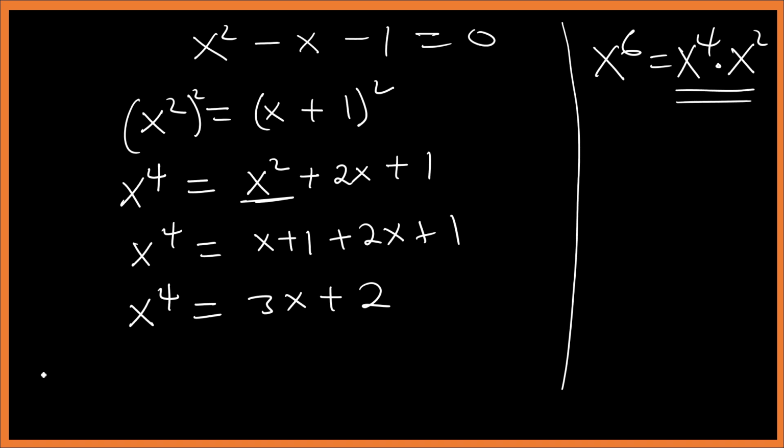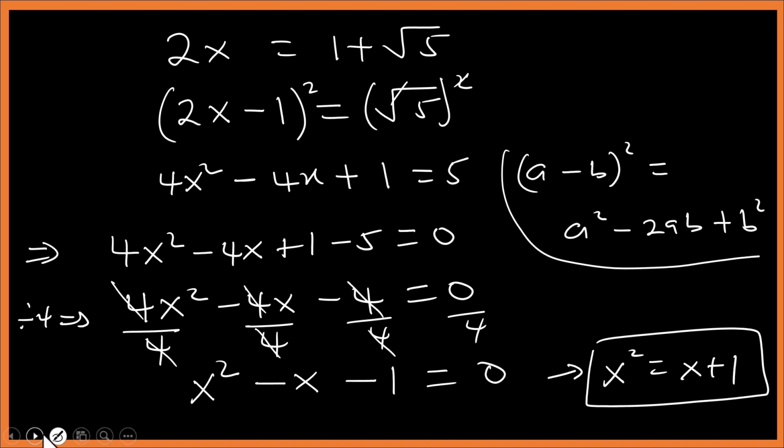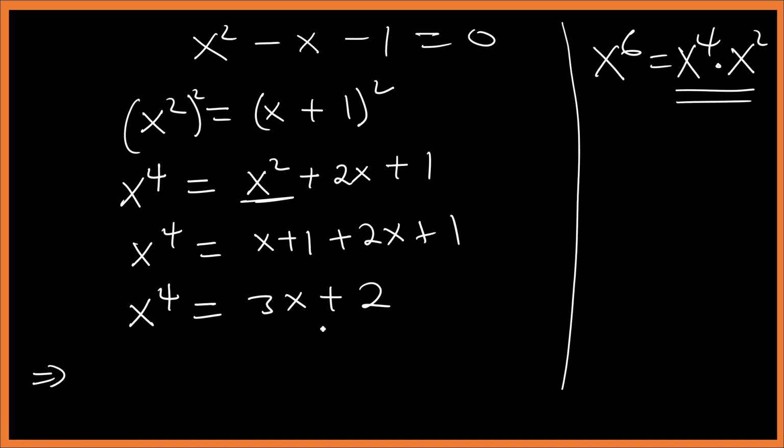So now that we know x squared and x to the power 4, we can put them together. x to the power 4 times x to the power 2 is x to the power 6.